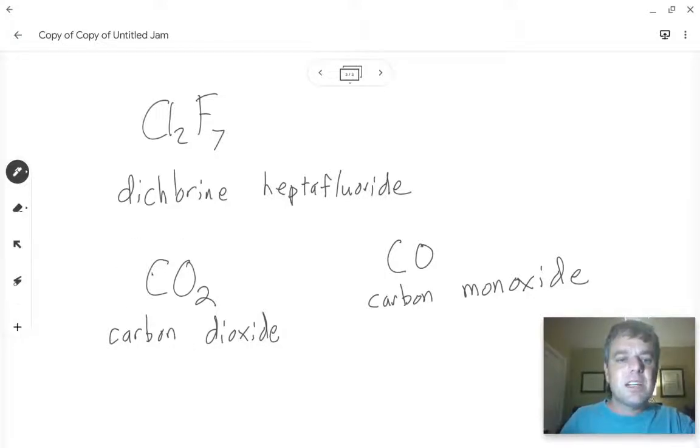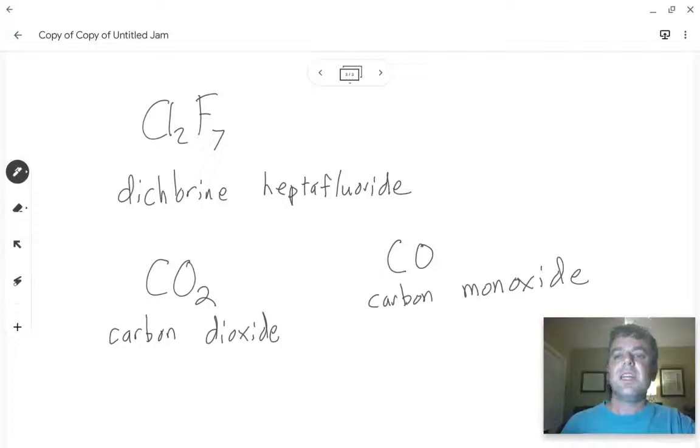Carbon dioxide is a product of combustion. You're probably familiar with it. It contributes to global warming. Carbon monoxide is a byproduct of incomplete combustion, such as charcoal on a charcoal grill, or if you have a gasoline engine that's not tuned properly, or in cigarette smoke.